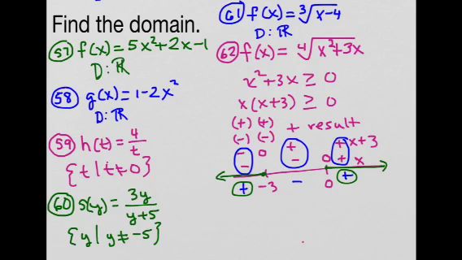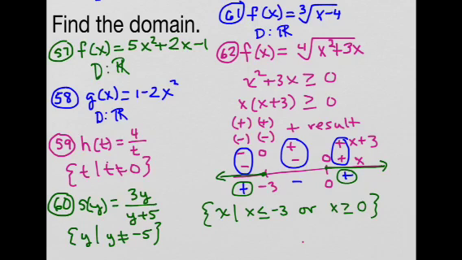So how you write the answer, you could say all x such that x is less than or equal to -3, or x is greater than or equal to 0. And that would be the domain for this problem.